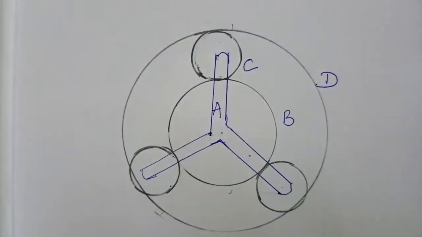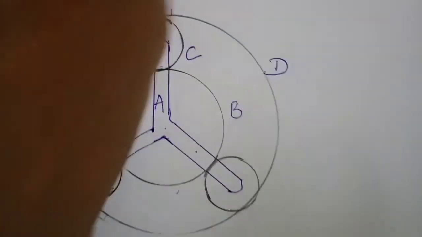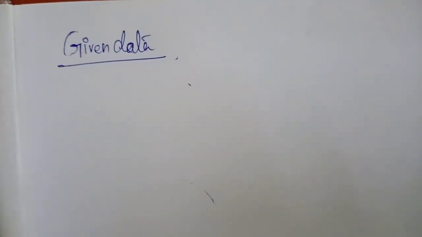So now the given data is, so I'll write the given data. Here it is somewhat typical because the teeth is not given, and instead of giving teeth they have given the module and the pitch circle diameter. So you have to use the module formula.